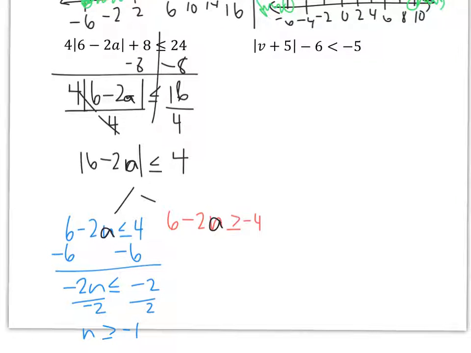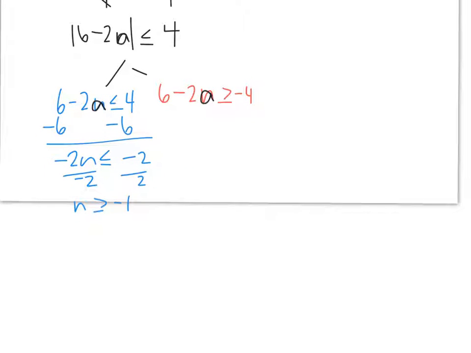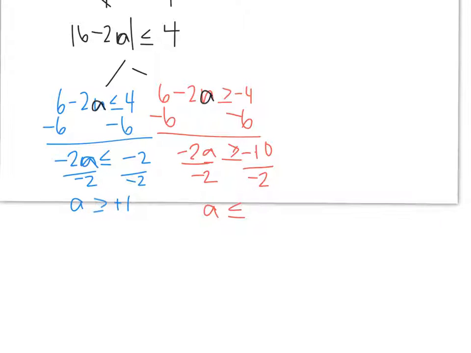I'll erase this and get a, right? This should be an a is greater than or equal to, and actually I divided by a negative 2, so it should be a positive 1. So we'll change that right there to a positive 1. And then over here, I'll subtract 6. Get negative 2a is greater than or equal to negative 10. Divide by a negative 2. And get a is less than or equal to 5.